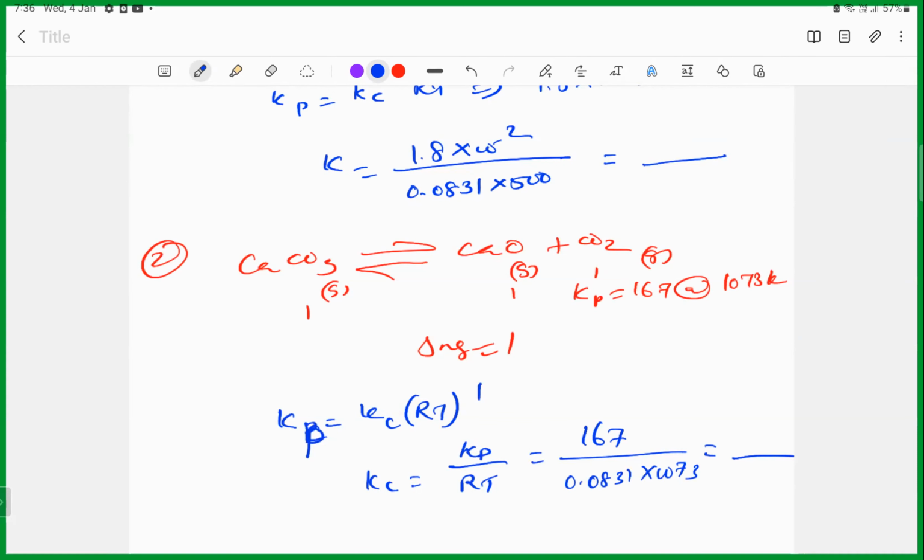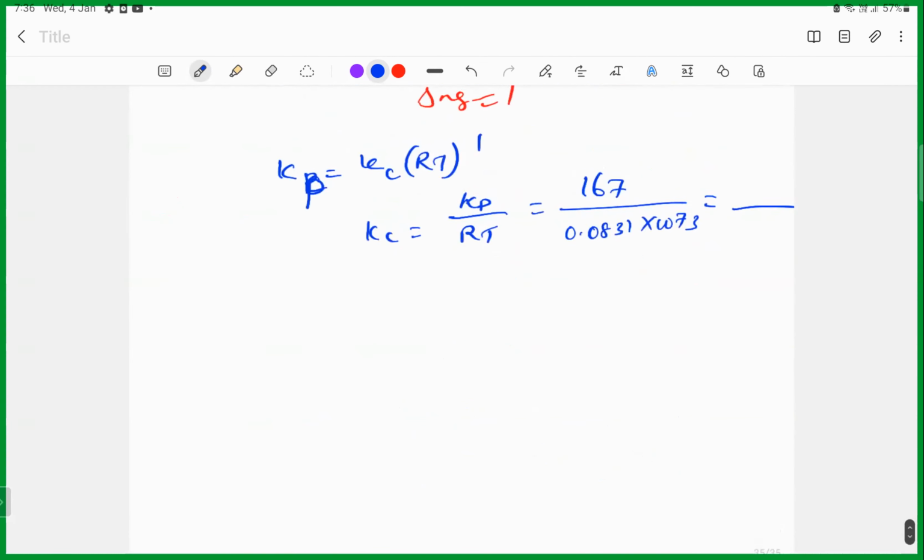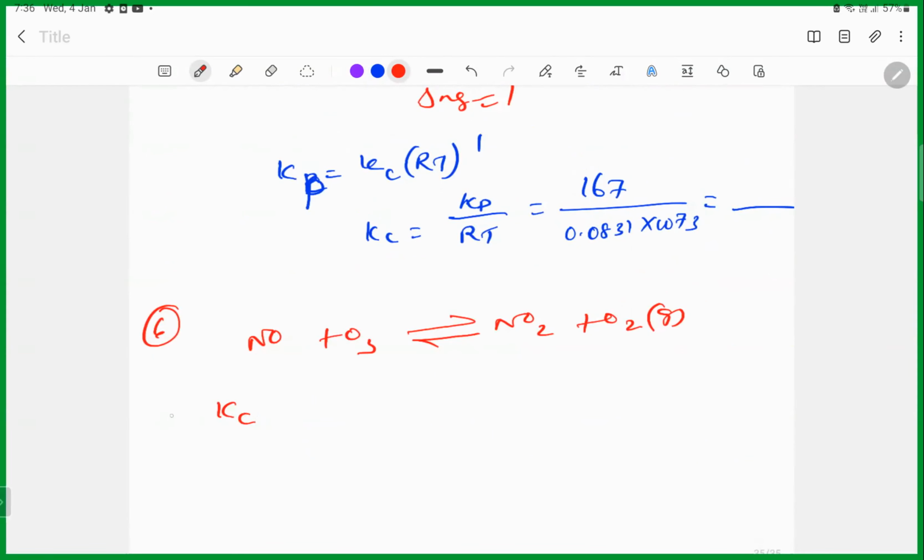Is it clear? Yes, sir. Next question. For the reaction NO gas combined with ozone gives NO2 plus O2 gas.